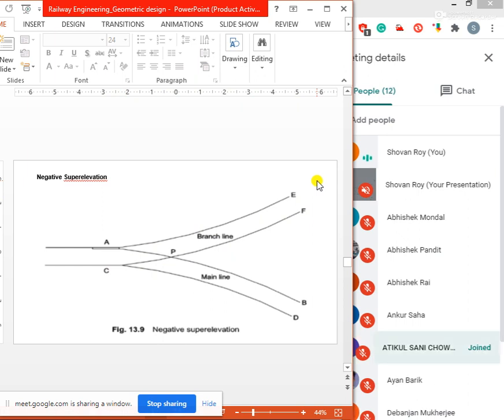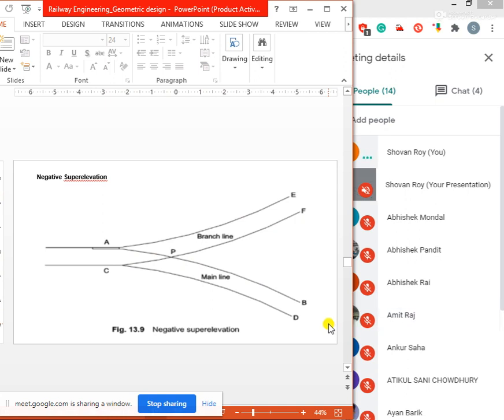But in negative super elevation cases, the elevation of the CF line should be lower than the AE line. If we don't follow this rule, it is not possible to move the vehicle through both lines at the same time, because we are providing super elevation on the CF line and also on the AB line.